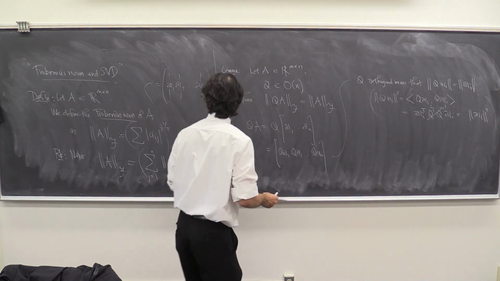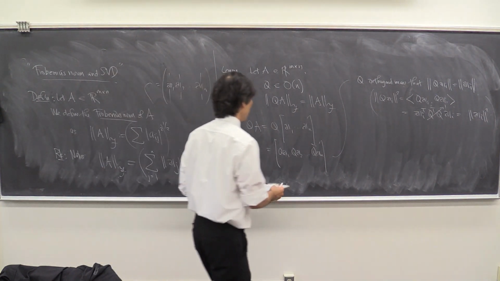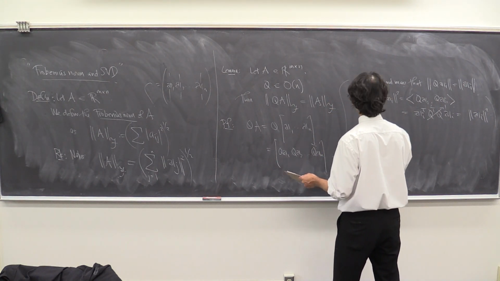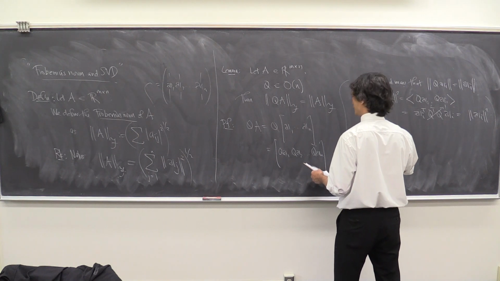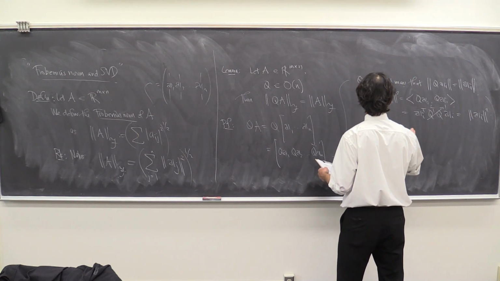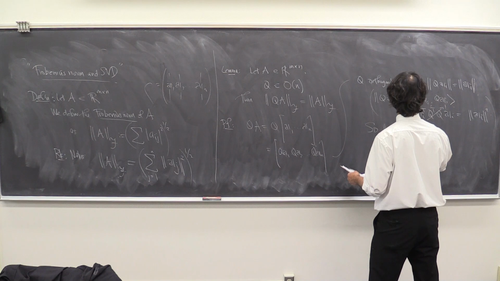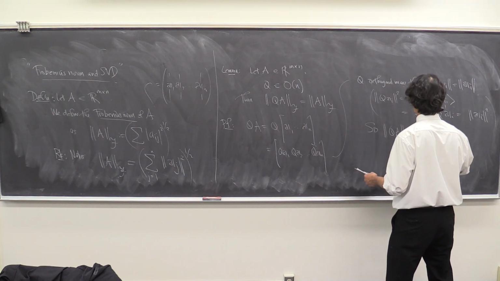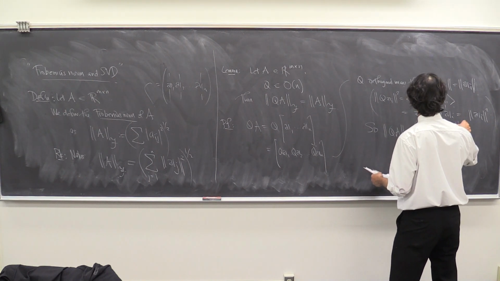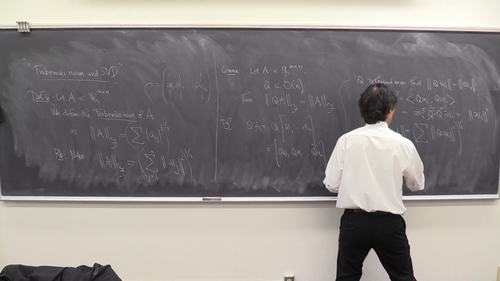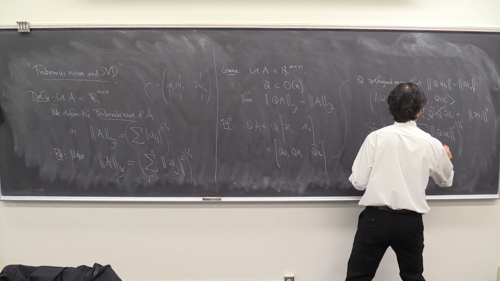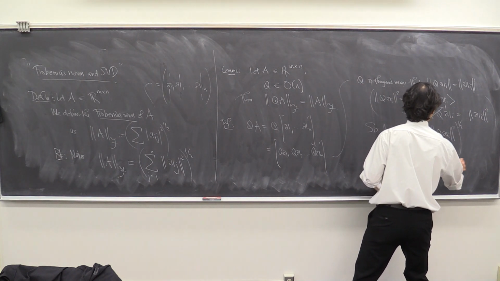So the Frobenius norm of QA, which is the sum of the sizes of the columns squared, quantity to the 1/2, is the same thing as the sum of the sizes of the Ai squared to the 1/2.